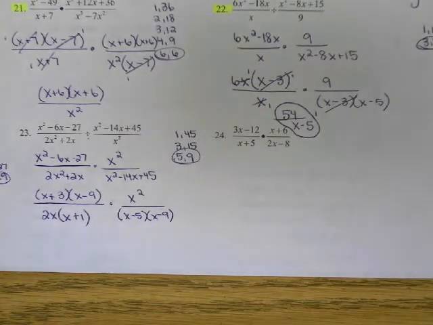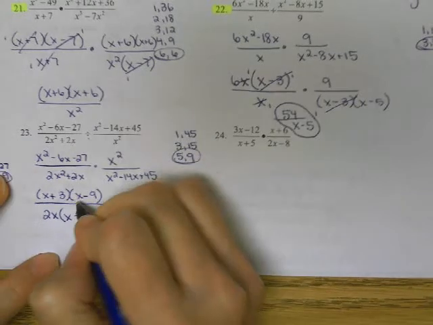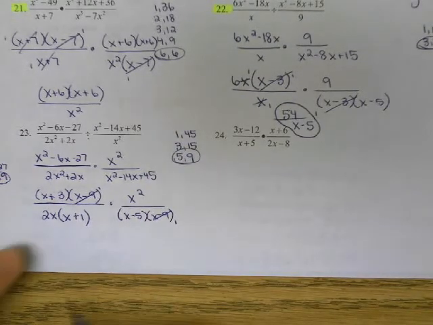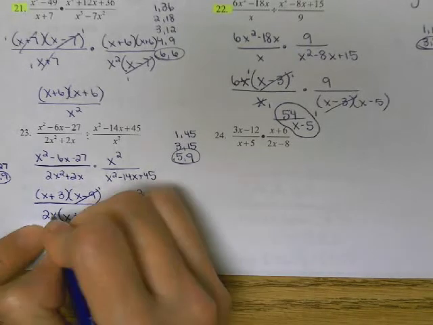9. They multiply to give me a positive 45, but add to give me negative 14, which means these are both negative. Now, before I multiply anything, I'm going to look to see if I have like terms in the top and in the bottom. And if I look, I have an x minus 9 and an x minus 9. I have an x and an x squared.